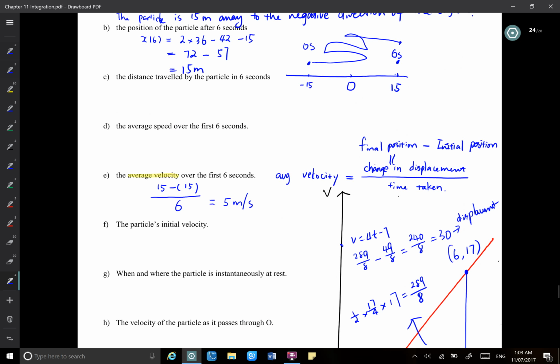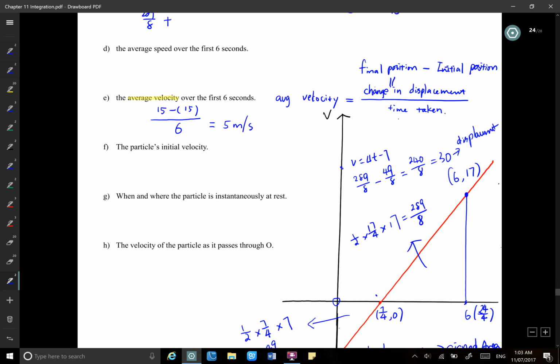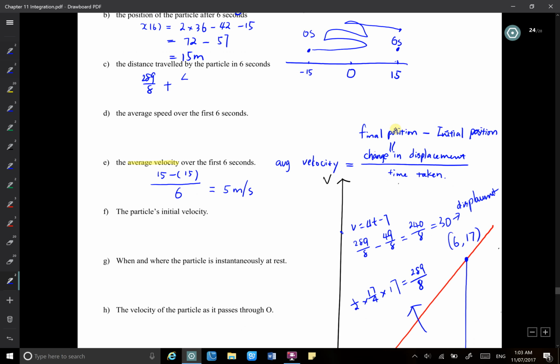So the distance traveled in the first 6 seconds, I will use 289/8 plus 49/8. That's 338/8, that is 169/4.